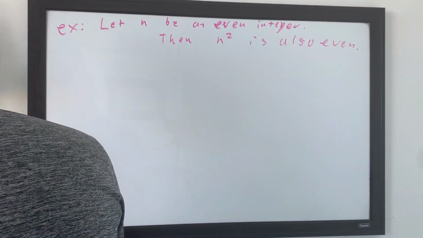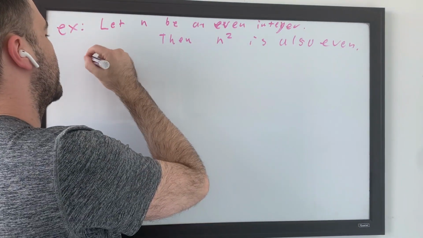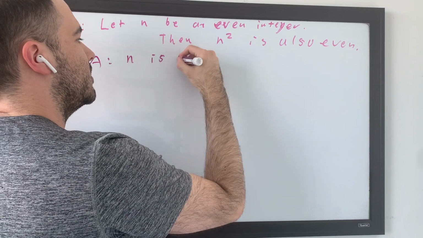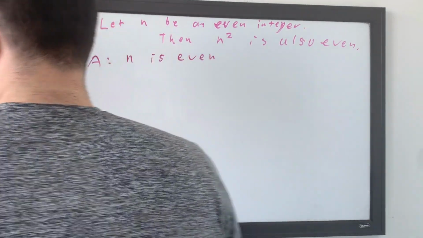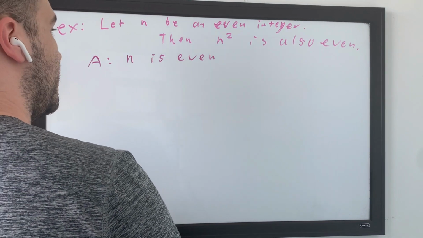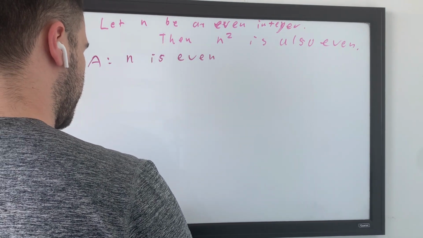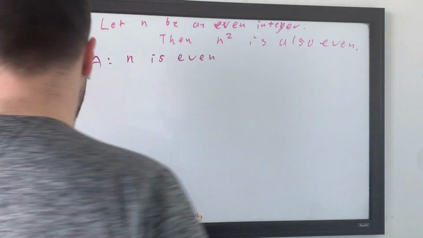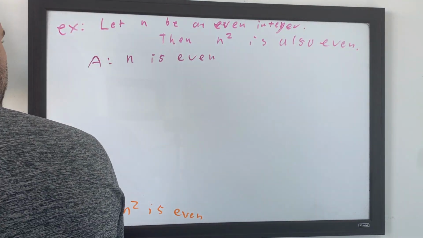Okay, let's start with our forwards and backwards method. We're going to state what we're assuming. We're assuming that n is even, and our final statement is going to be n squared is even.